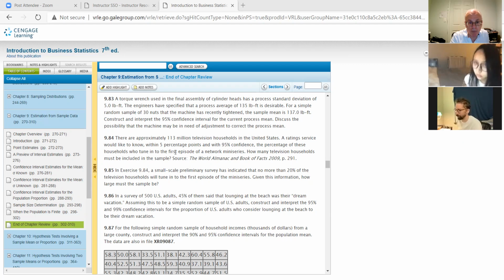When we say within 5 percentage points, what does this 5 percentage points represent? Proportions of the population? Well, it is a proportion, but what does it represent in the context of confidence intervals? They say within 5%. What do they mean?